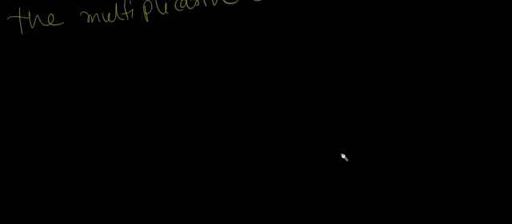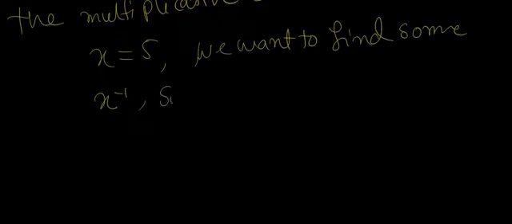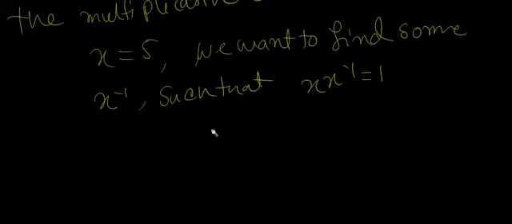The reason being, we are taking x equals 5, and we want to find some x inverse such that x times x inverse is the identity, that is 1.